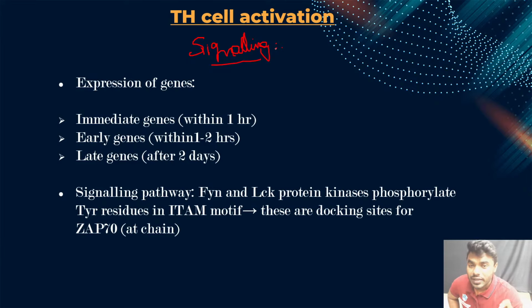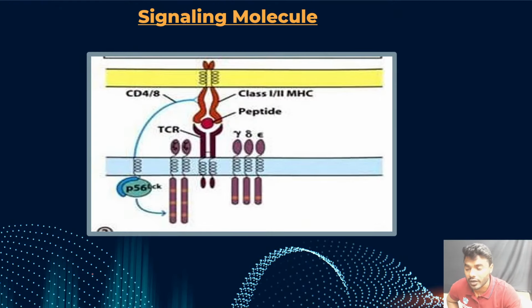But friends, in order to understand T helper cell activation, maturation, and differentiation, it is very compulsory. We have to understand the signaling. You need not remember it from the exam point of view at all. Pay attention. How does the signaling occur? Just to understand enough. Okay.